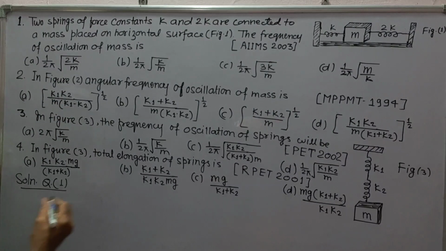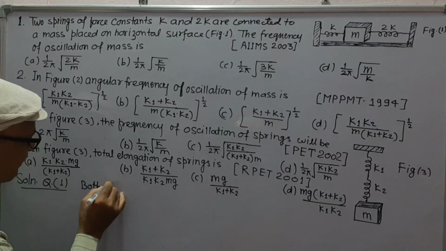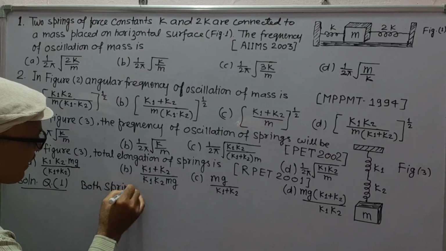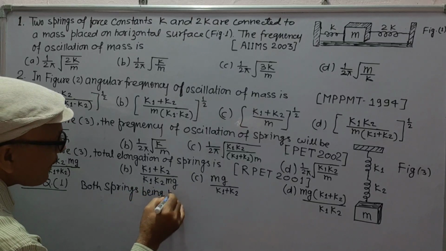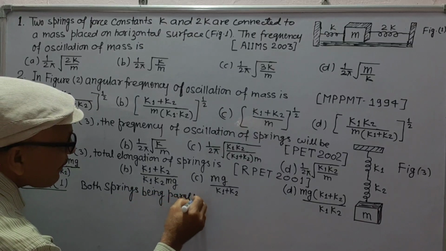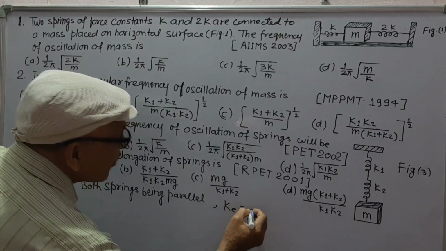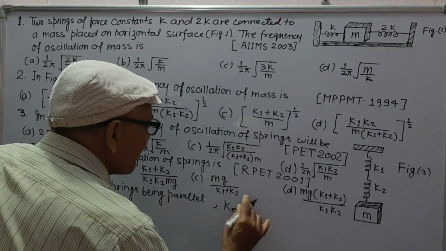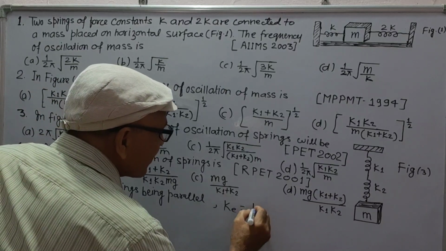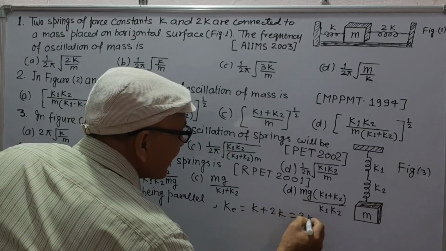So, both springs being parallel, K effective will be equal to the direct sum of their force constants, K plus 2K, that is 3K.